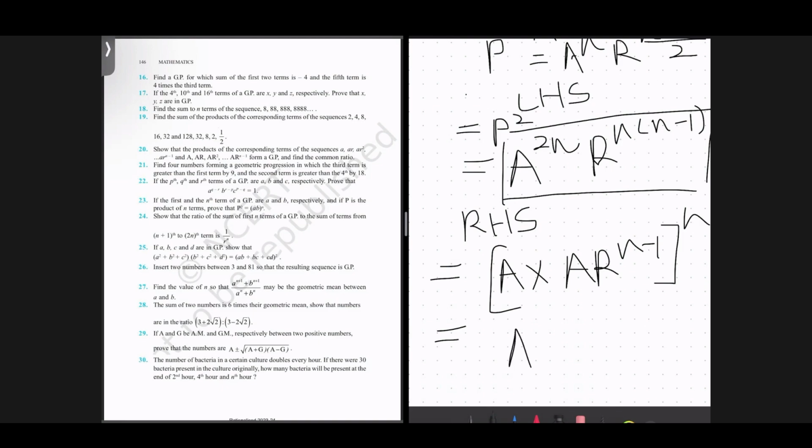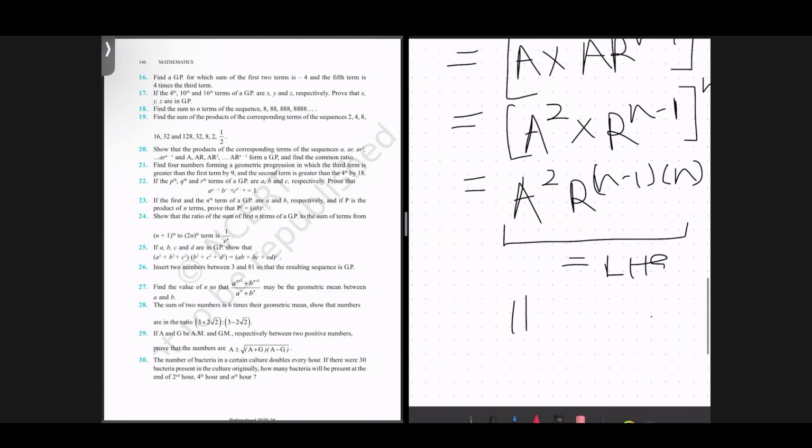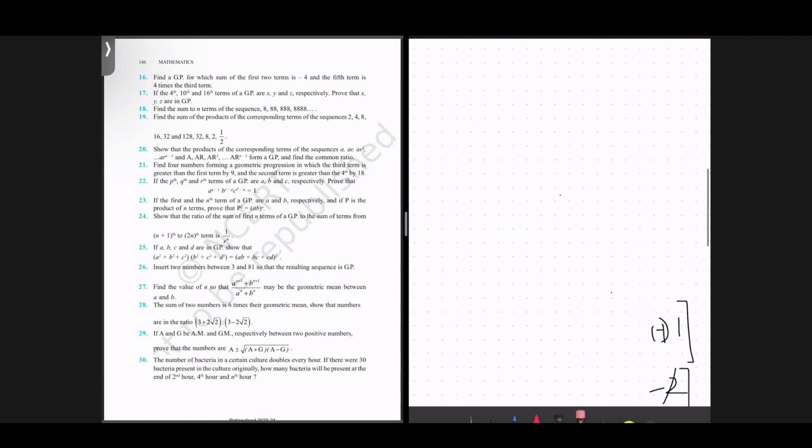Then when you do that, you get a squared into r raised to the power n minus 1, whole raised to the power n. Powers get multiplied. What you are finally left with is a squared r raised to the power n minus 1 into n, and this is equal to your LHS. That is hence proved.